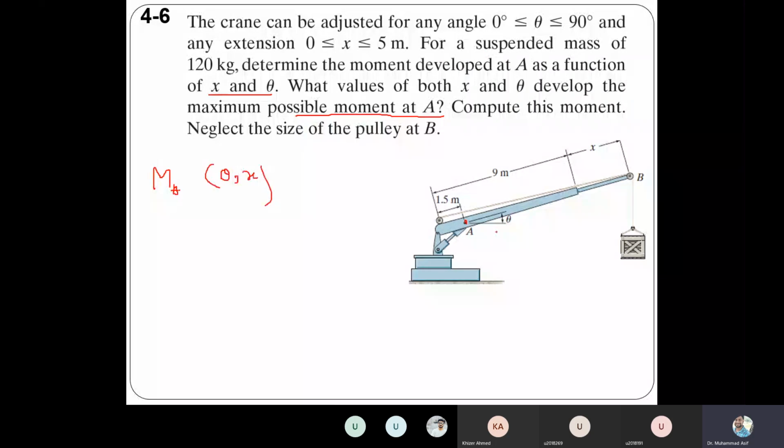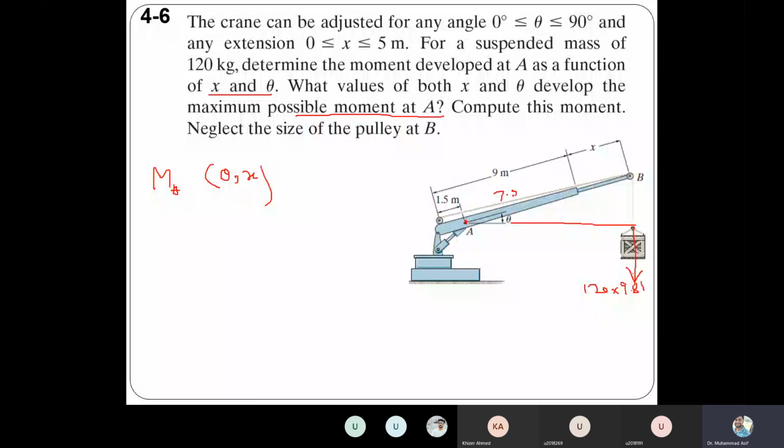We can convert that mass into a force by multiplying 120 with 9.81, so that becomes the weight. We need a perpendicular distance for this one. The boom up to here is 1.5, the total is 9, so the remaining will be 7.5.